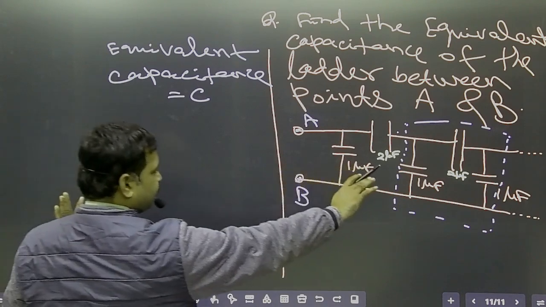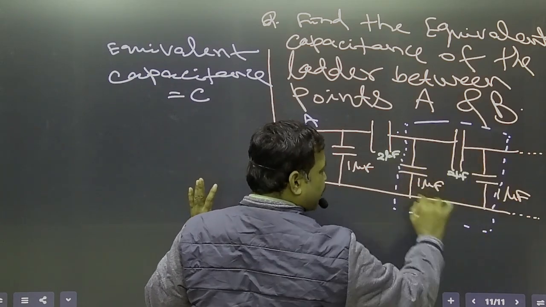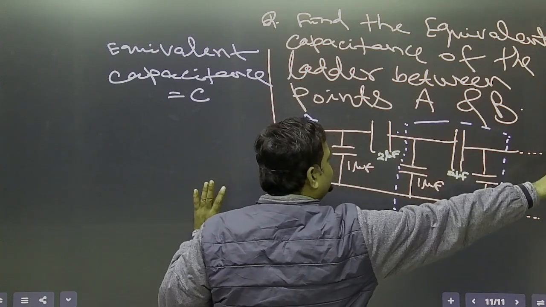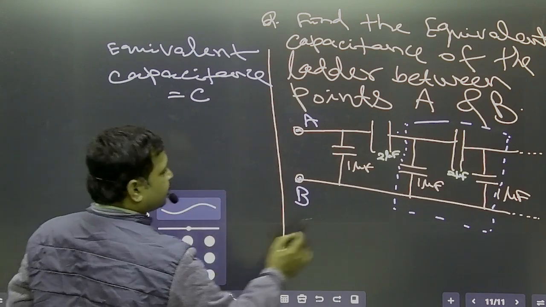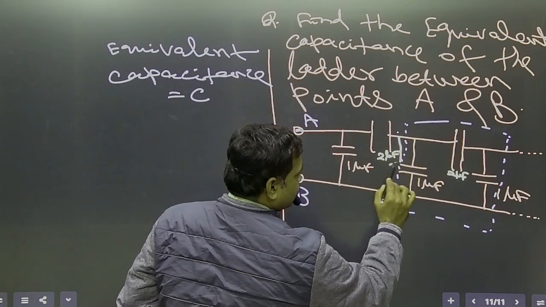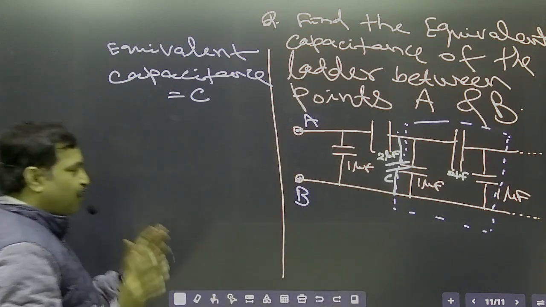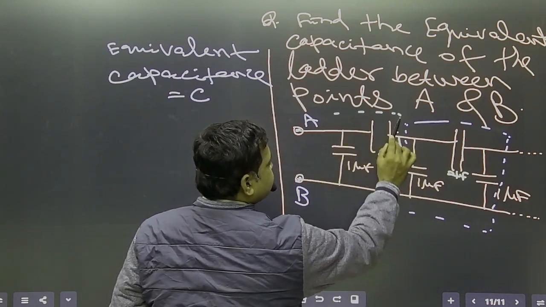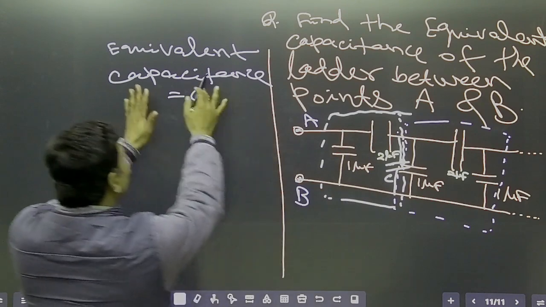Now suppose we eliminate this part. The equivalent capacitance of all the other capacitors to the right side of that, let that be C. So let this capacitance be connected across this, and let this capacitor have the value C. Now if we find the equivalent capacitance of this section, then this will also come as the equivalent capacitance.